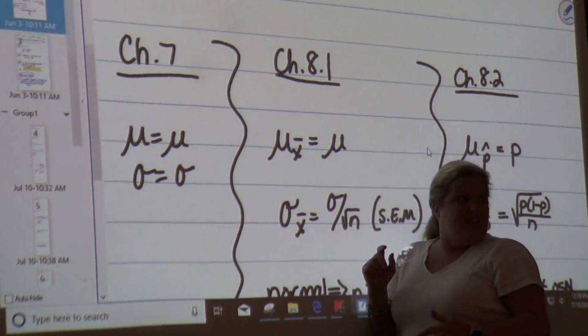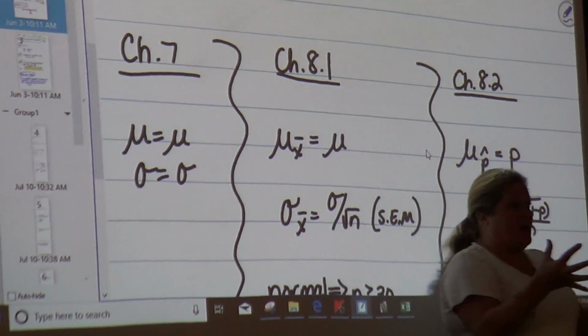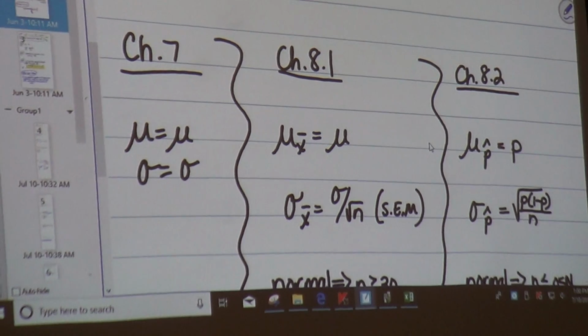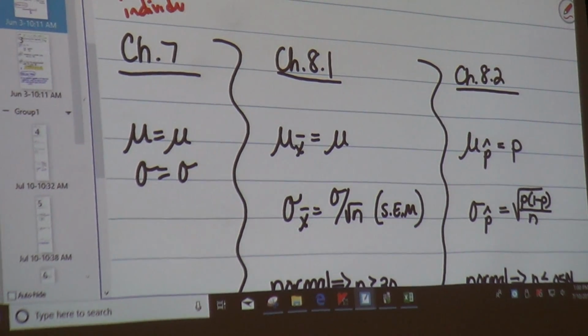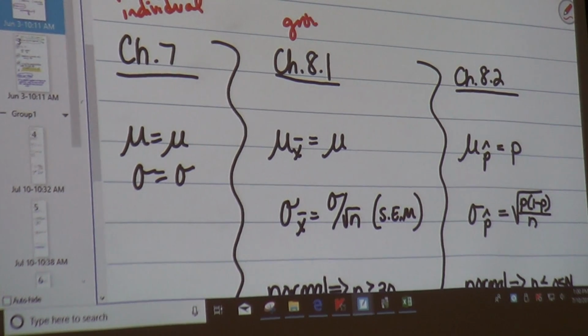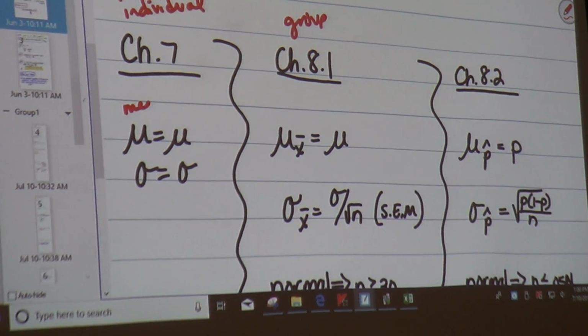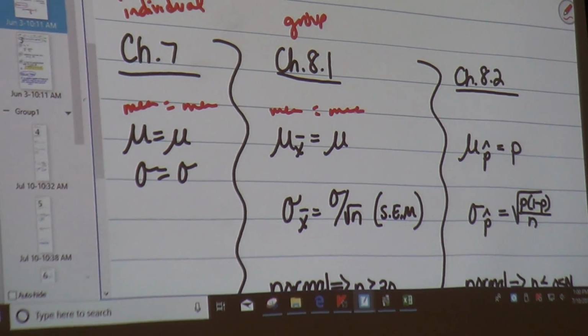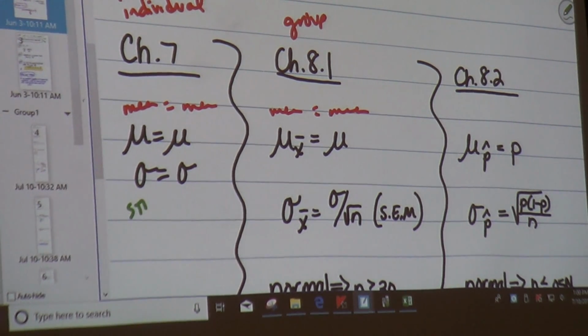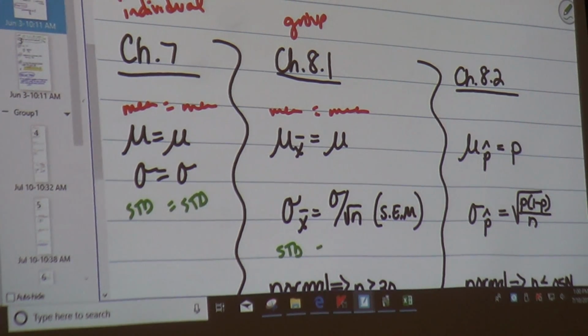We're going to make you look skinnier because you've got bigger groups, you've got more people. So this is going to be that individual, and this is going to be the group. Mean equals mean. Standard deviation equals standard deviation. Here, your standard deviation is going to be divided by the square root of the size of the group.